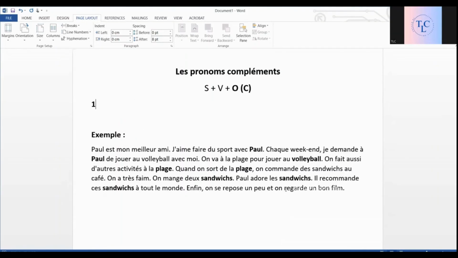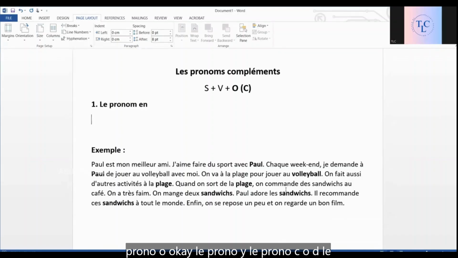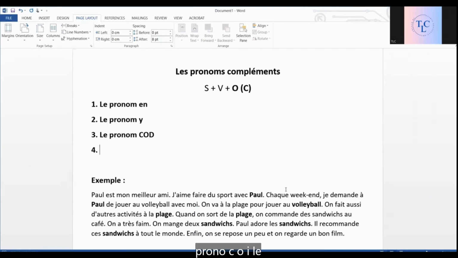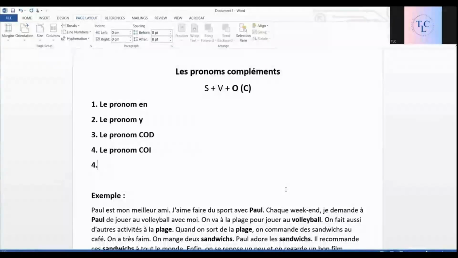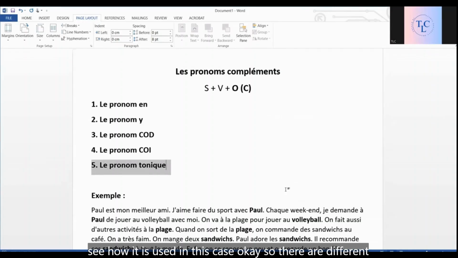Okay, le pronom en, le pronom y, le pronom COD, le pronom COI, and le pronom tonique. You've learned pronom tonique earlier, but we'll see how it is used in this case.